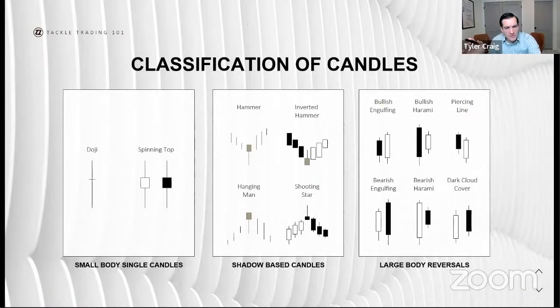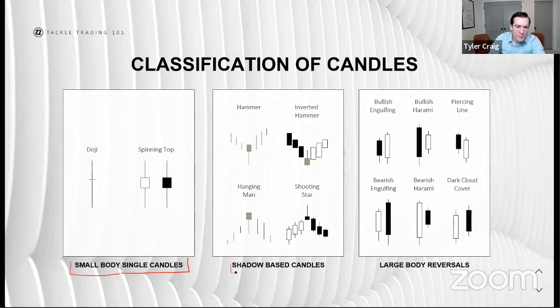Before I do that, though, I want to go a little bit deeper in terms of the summary here. Really, there's 3 kind of core categories, you could say, of candlesticks. You've got small body, single candles. So little doji candle, spinning tops, those go in that category.